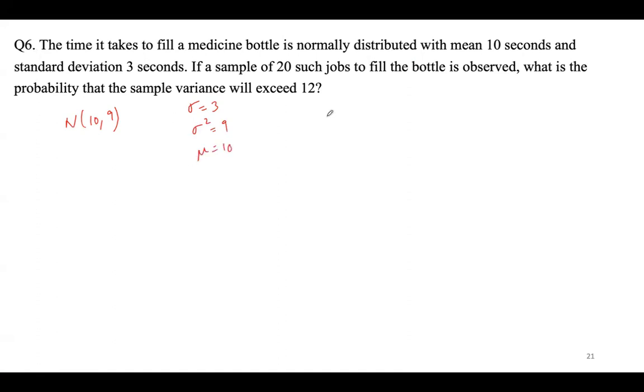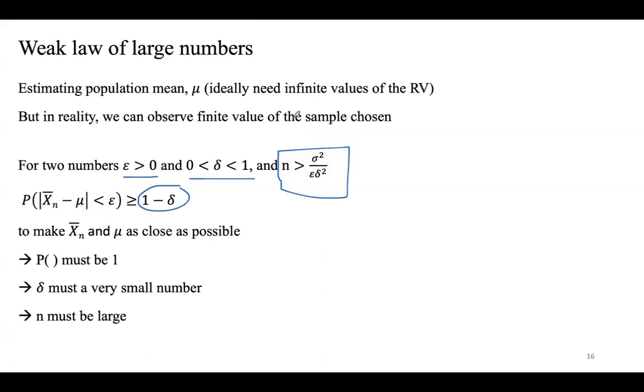Now we want to calculate the probability that the sample variance, S square, is greater than 12. And there's one more thing, N is 20 here.